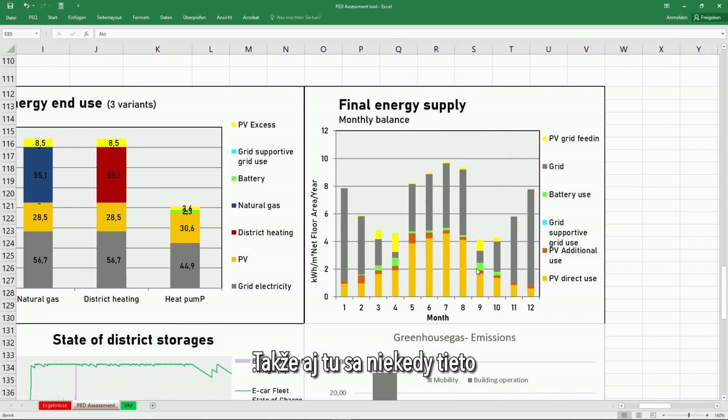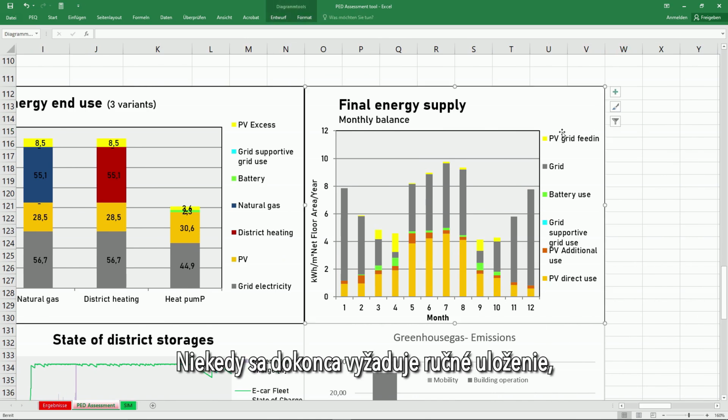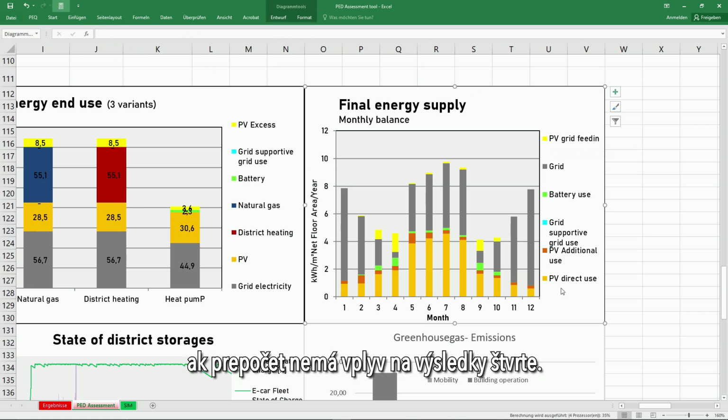So here as well, sometimes these diagrams don't update immediately. Sometimes it's even required to manually save if the recalculation does not have an effect on the district results.